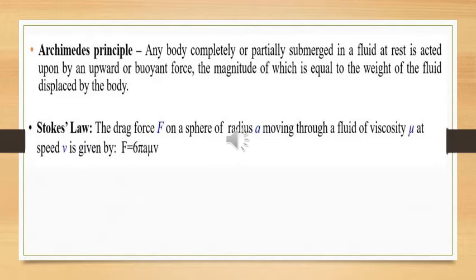While Stokes' law states that the drag force on a sphere of radius r moving through a fluid of viscosity η at speed v is given by the following equation: F equals 6 pi times the radius of the ball times the viscosity times the speed of the moving ball through a fluid.